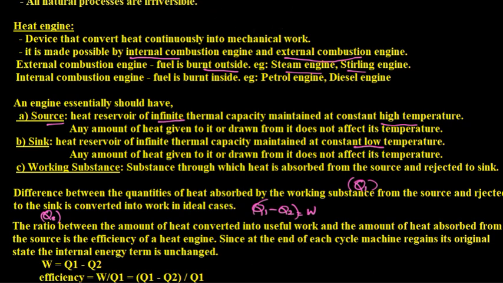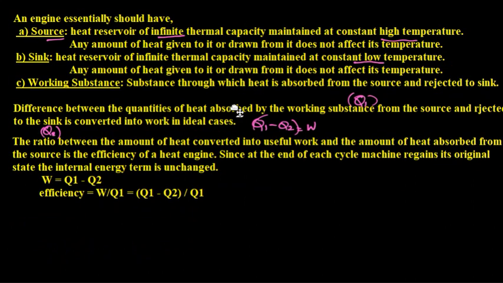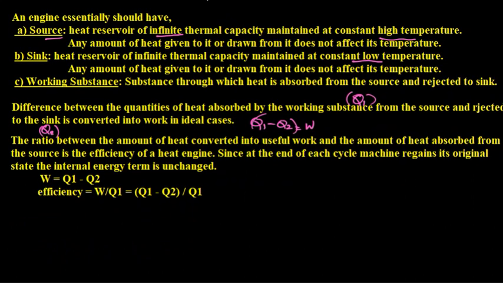So while discussing a heat engine, the important thing is its construction, that is the different parts of the engine. Then the parameter which decides the effectiveness of the heat engine is its efficiency eta, which is defined as the ratio between the amount of heat converted into useful work and the amount of heat absorbed from the source. Since at the end of each cycle the machine regains its original state, the internal energy term is unchanged.